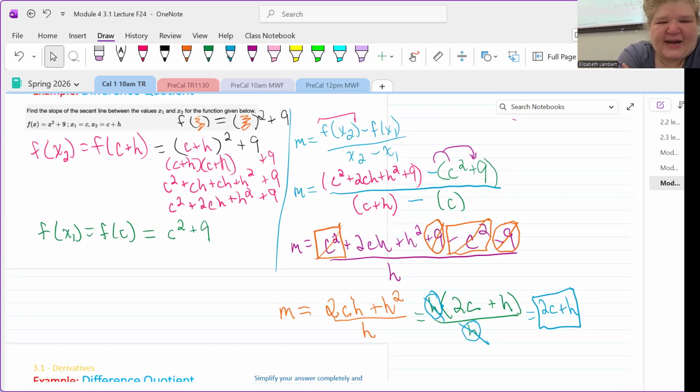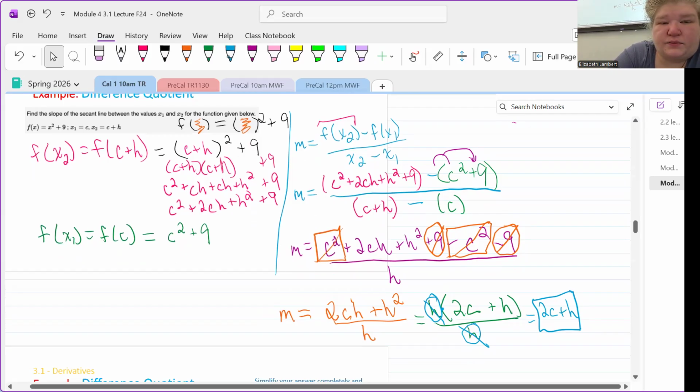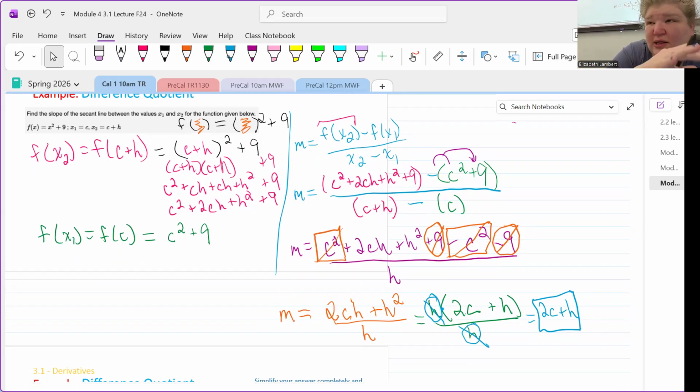So that is the formula for the slope of the secant line for some arbitrary value of c and some arbitrary value of h. So if I knew c and h, I could plug those numbers in there and get the slope of the line between those two points. So again, there's absolutely no calculus here. This is all algebra. And it's a whole mess of algebra.